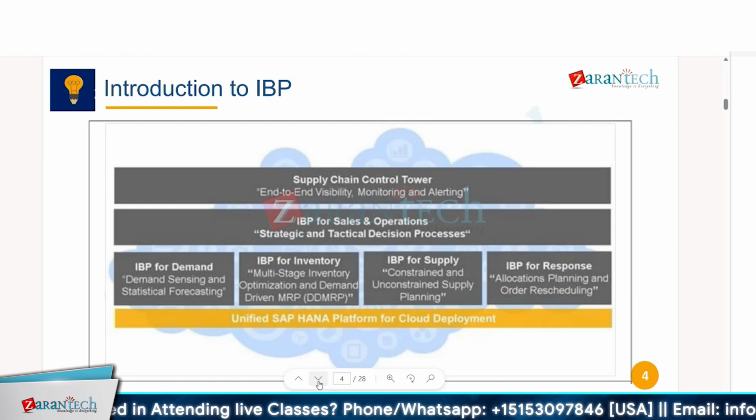Now this is the basic diagram of integrated business planning. It is extremely simple, but it covers all the small aspects of the IBP process. It works on both the bottoms up approach as well as the top down approach.